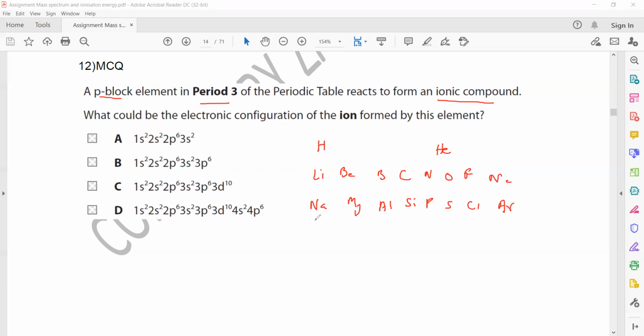So sodium has 11 protons, atomic number 11, magnesium 12, aluminum 13, silicon 14, phosphorus 15, sulfur 16, chlorine 17, and argon 18. When we write the electronic configuration for sodium, it will be 1s2, 2s2, 2p6, and 3s1.